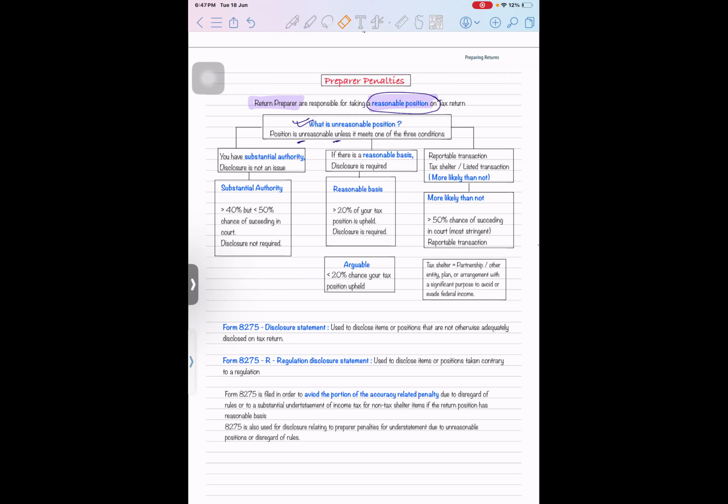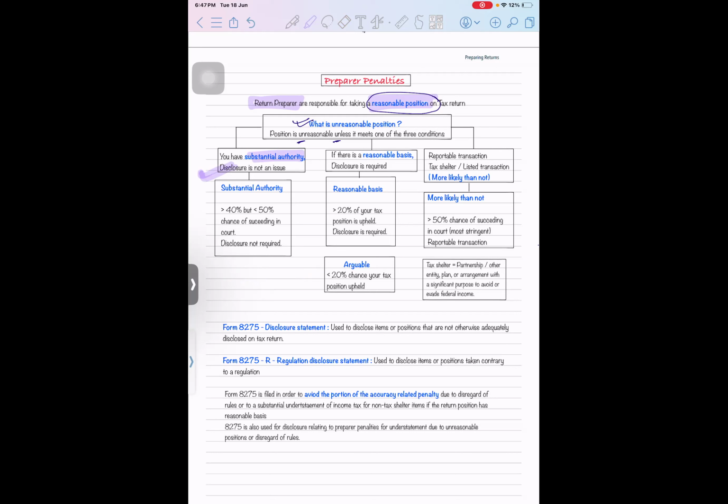The first is that you have substantial authority. If you have substantial authority, disclosure is not an issue. Even if you do not disclose, but you have substantial authority on whatever you have reported on the tax return, then disclosure is not required.